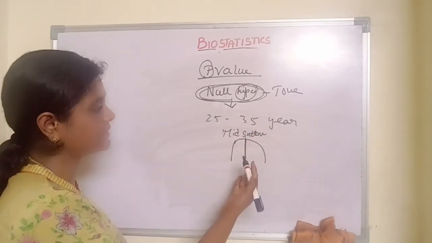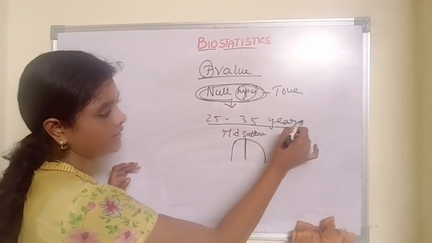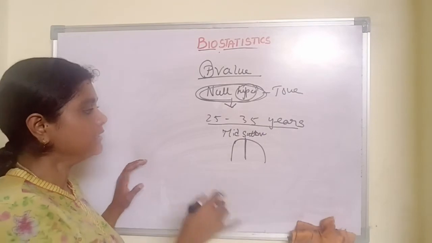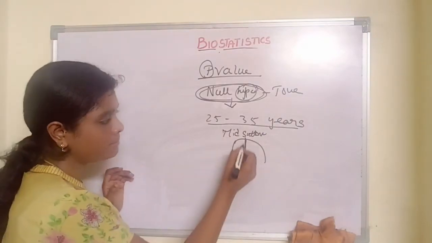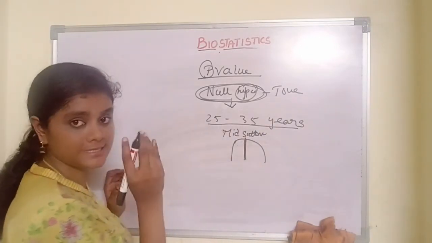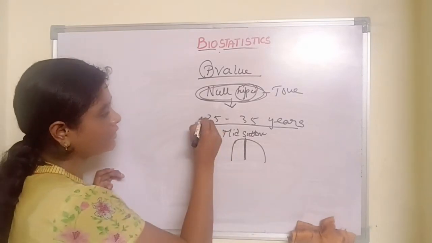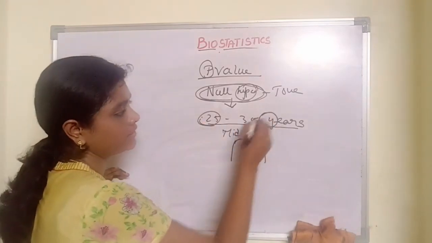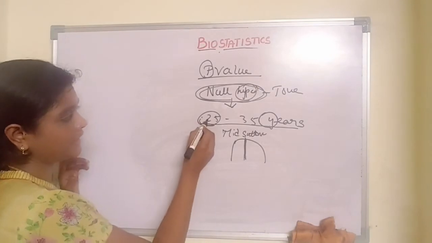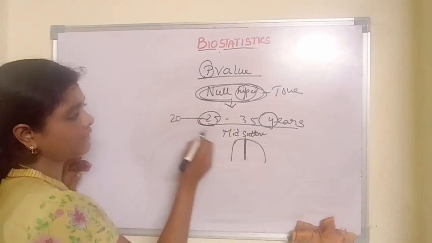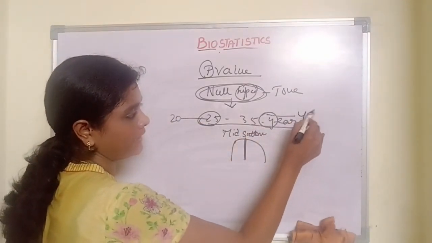If you take this example, 25 to 30 years is your sample. So the mid-palatal suture is the same before 25 and after 35. You have taken samples of 20 to 25 and 30 to 40 years.